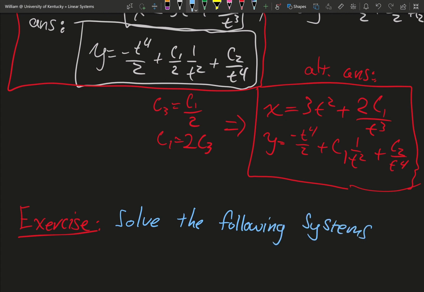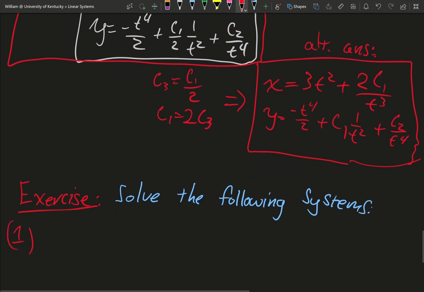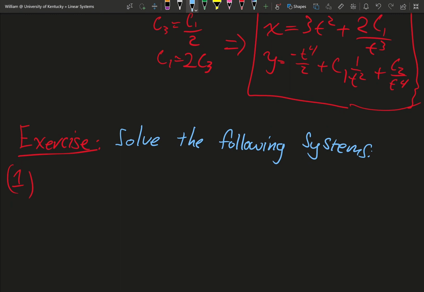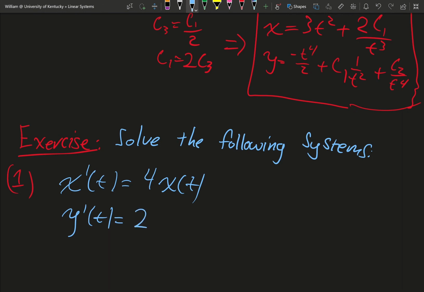So we're going to look at the following systems. System 1 is going to be x prime of t is equal to 4 times x, and y prime of t is equal to 2x minus 7y.